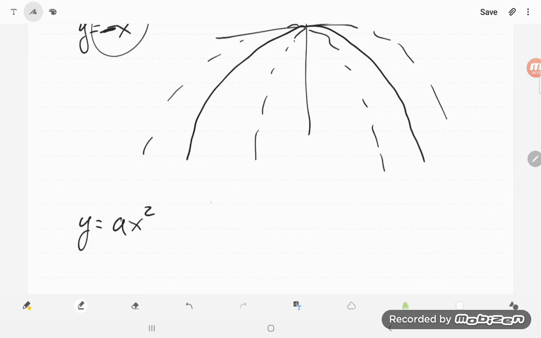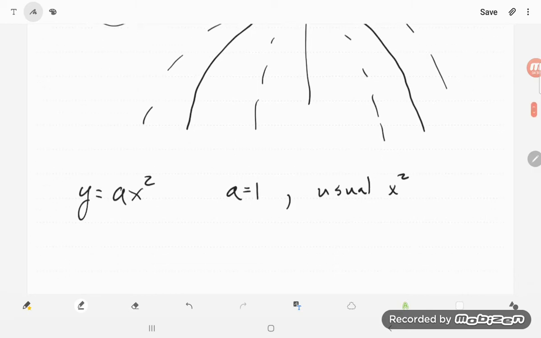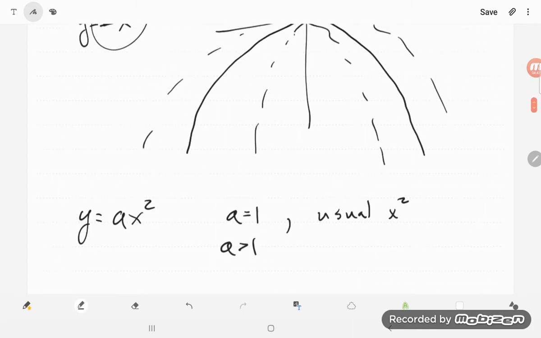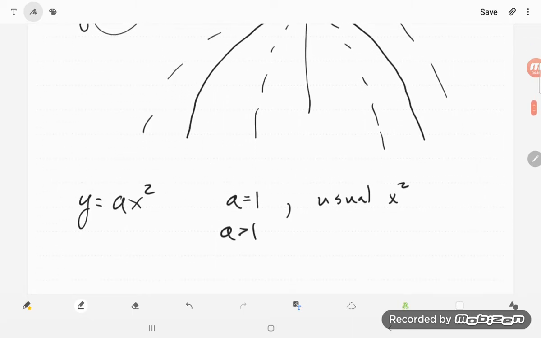Certainly if a equals 1, we get the usual x squared. Now, if a is bigger than 1, it's actually going to look narrower.